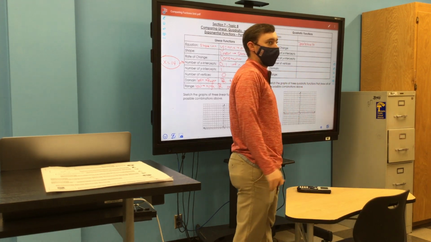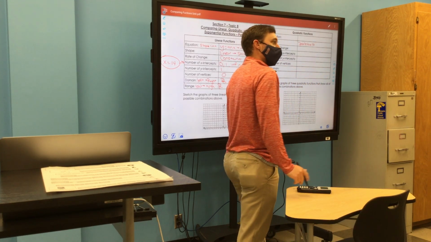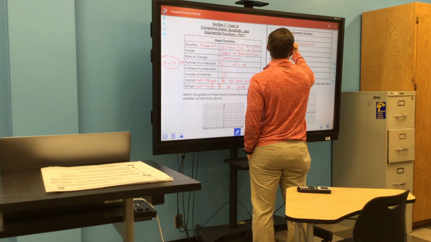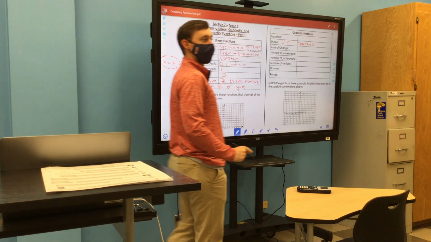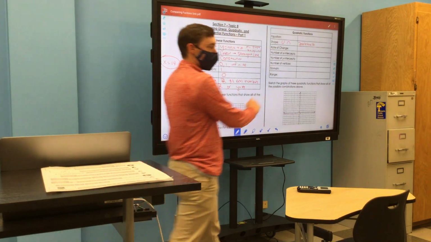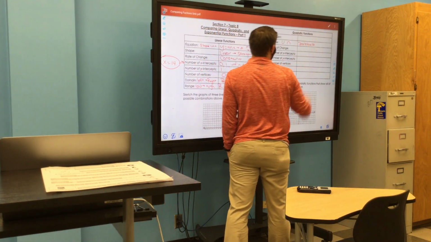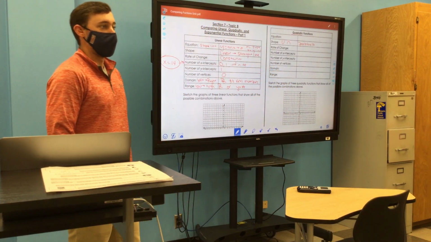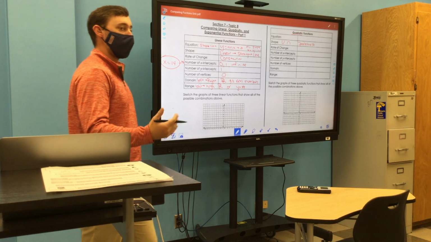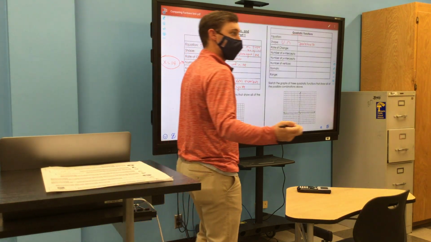Now, we know that a parabola looks like a U or an upside down U. That's what it can look like for a quadratic. Now we're talking about quadratics. Does anybody remember the general formula or standard form of a quadratic equation? Does anybody remember that?